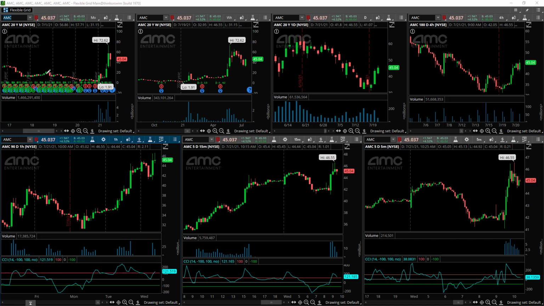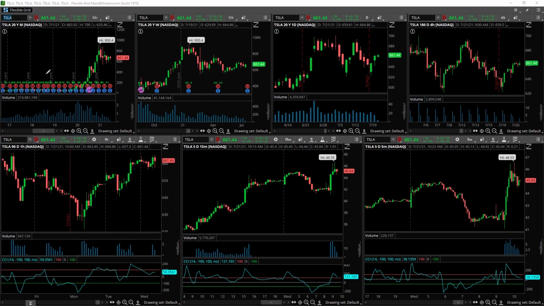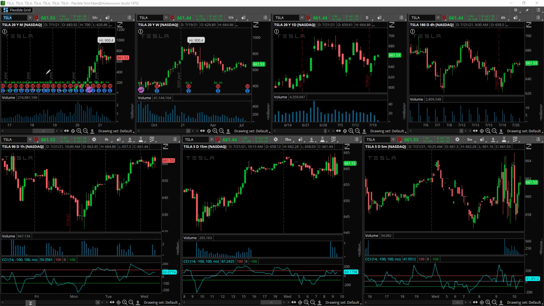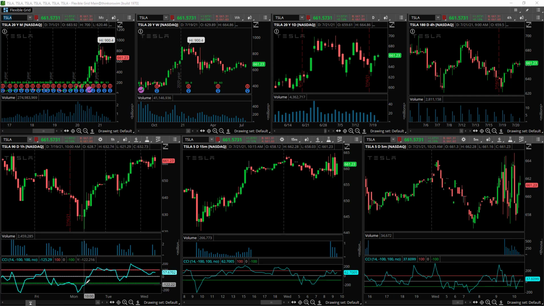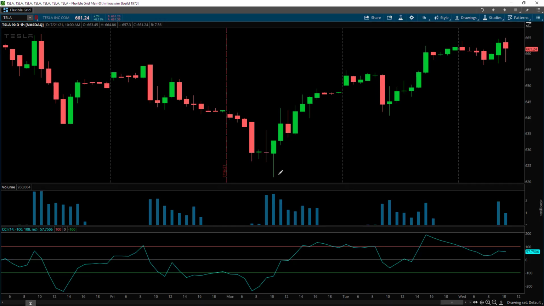Let's look at Tesla, for example. So again, you see CCI divergence into demand. See here, market made a new low, CCI made a higher low, new low, higher low, kicking off the move.